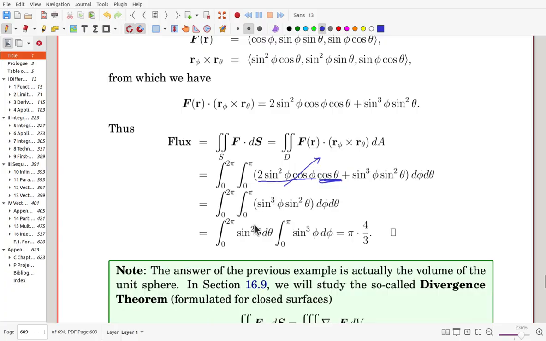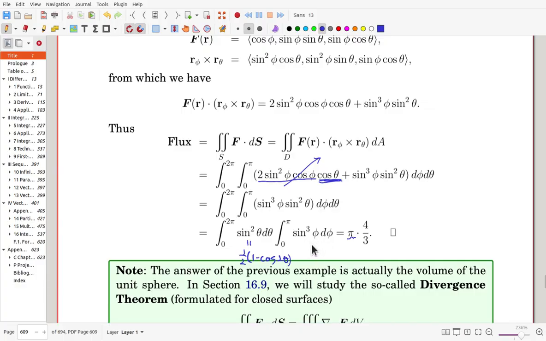For this one, we may use a formula: this is half of 1 minus cosine 2 theta, right? So again, this one has no contribution. Half is used along with 2 pi, and we have pi. For this portion, we'll have 4 over 3.